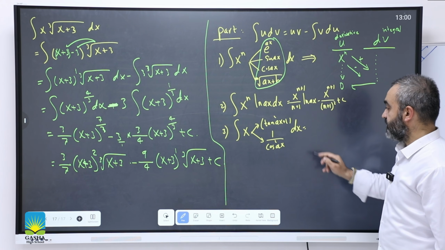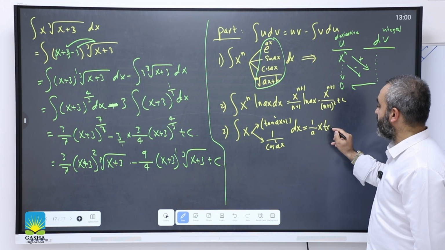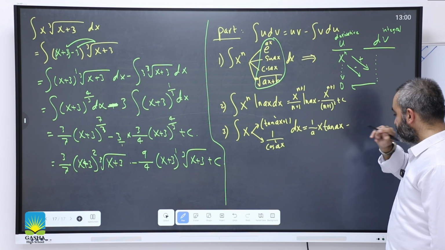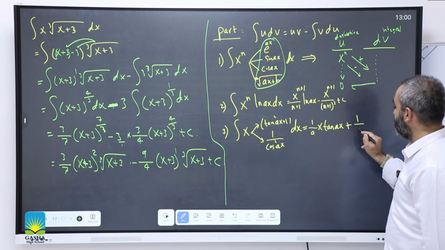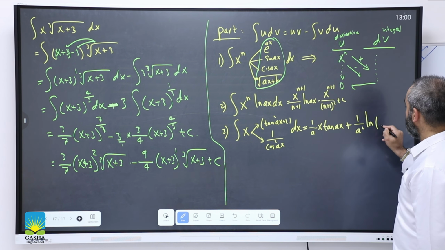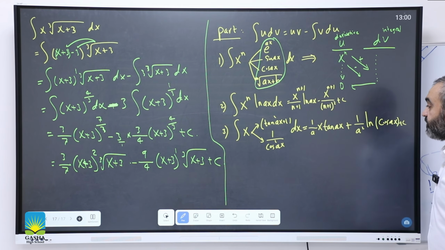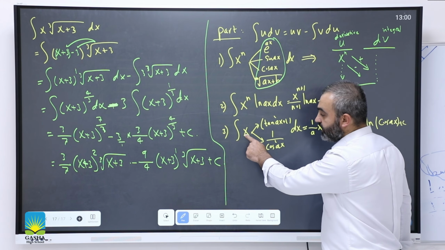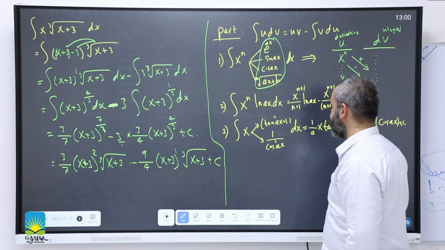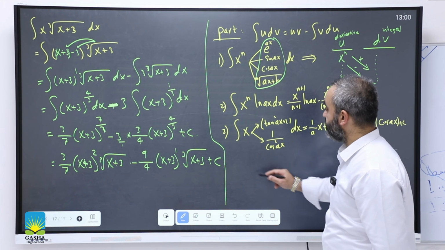So what is the result of this integral? 1 over a times x tan ax, plus 1 over a squared ln cosine ax, plus c, right? So this formula can be used when x is with tan squared ax plus 1 and x with 1 over cosine squared of ax. This is the result of this integral.